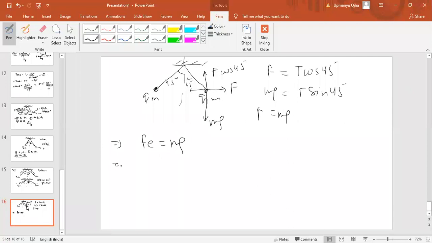Now, what is the value of the electrostatic force here? It is equal to K Q square by the distance between the two charges whole square.